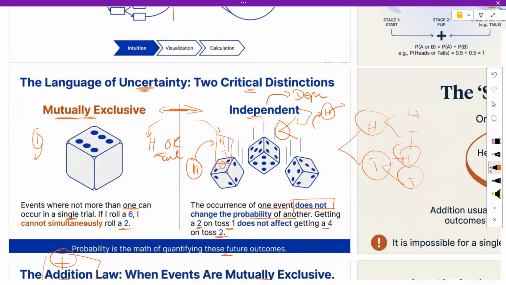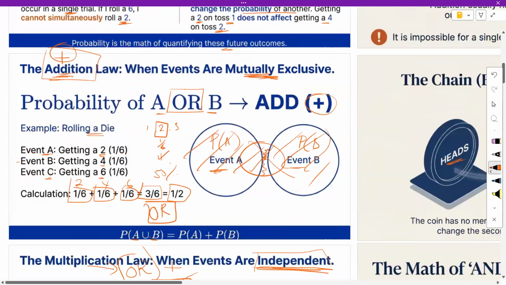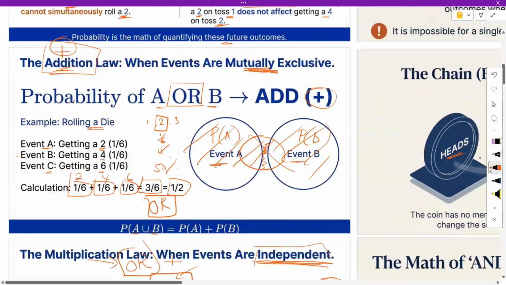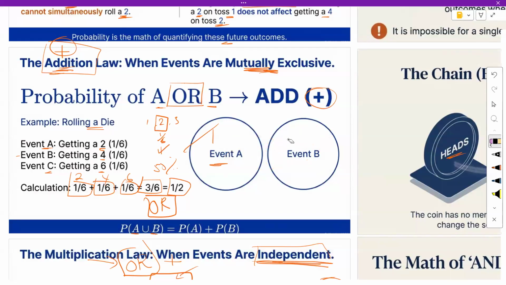If one rolls 6, one cannot simultaneously roll 2, right? So you can't get 1 and 2 simultaneously. That is mutually exclusive. In mutually exclusive events, we can always see a gap, right?